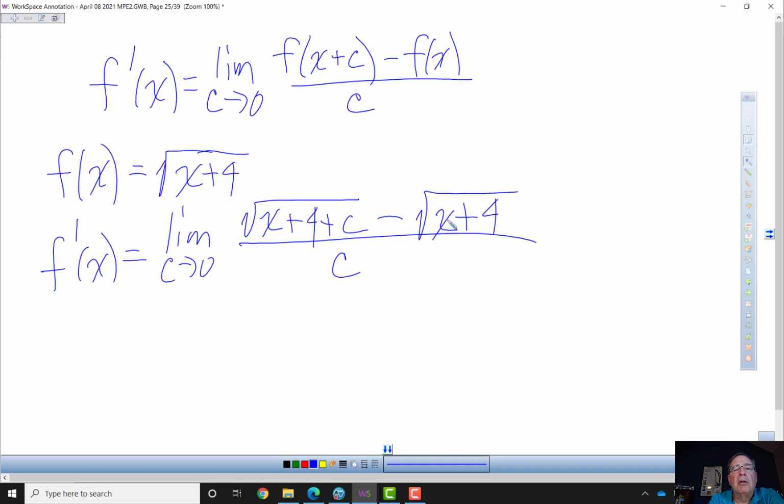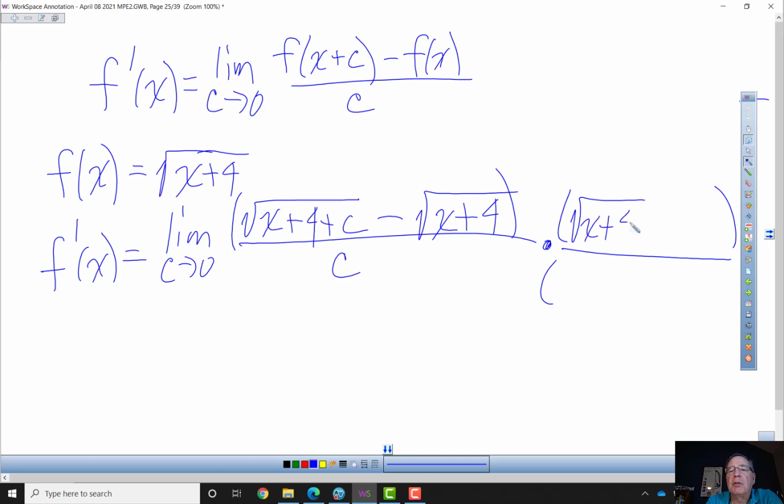So we can do nothing right now. Okay, but I'm going to multiply by 1 in the form of the square root of x plus 4 plus c plus the square root of x plus 4, over the same thing, the square root of x plus 4 plus c plus the square root of x plus 4.